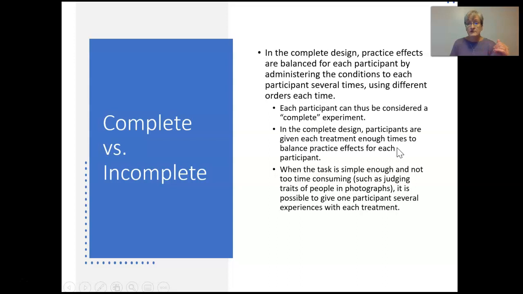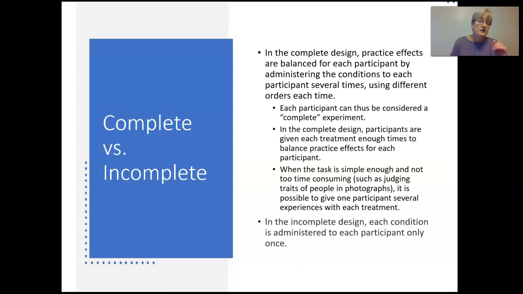If, however, you have tasks that take, let's say, 15-20 minutes for a participant to do, and you have 3 conditions, you're going to be talking about, minimum, a couple of hours of participation. And by having that length of participation, you're actually adding another fatigue variable to your set of problems. So sometimes a complete design is out of the question because it's simply time prohibitive for us.